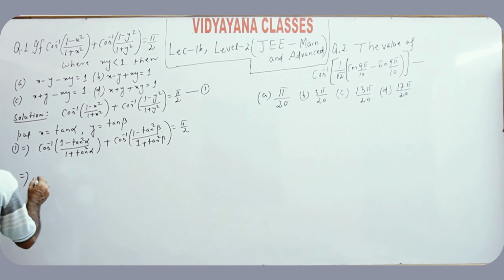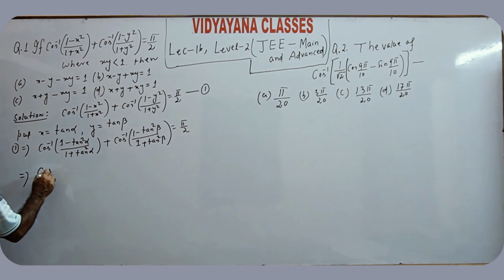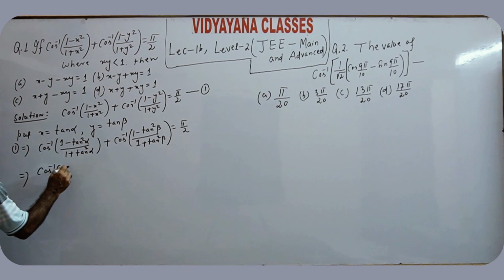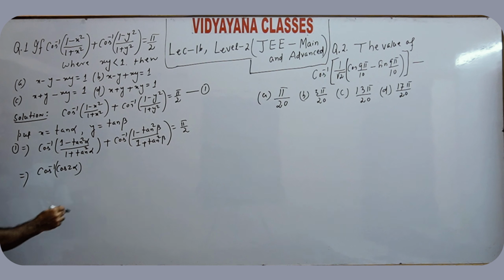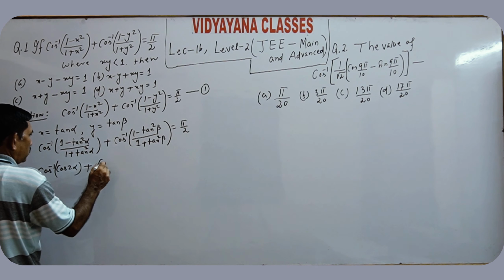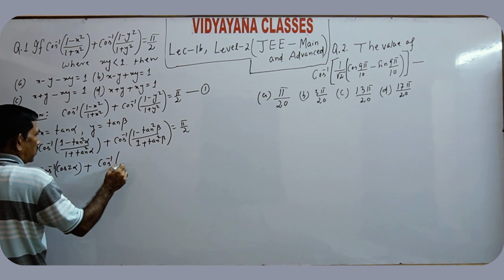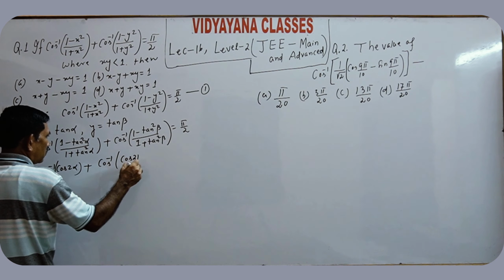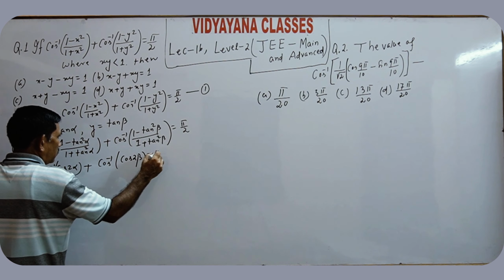It gives cos inverse cos 2 alpha and cos inverse cos 2 beta is equal to pi by 2.